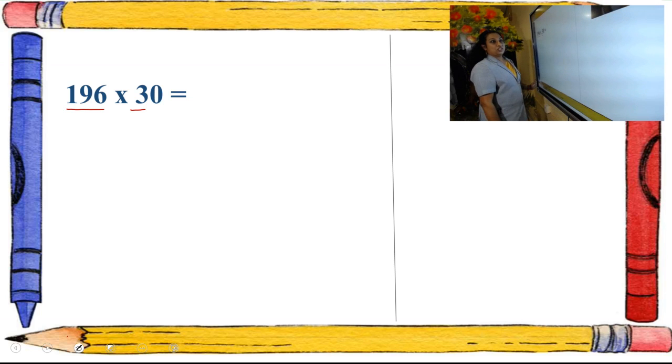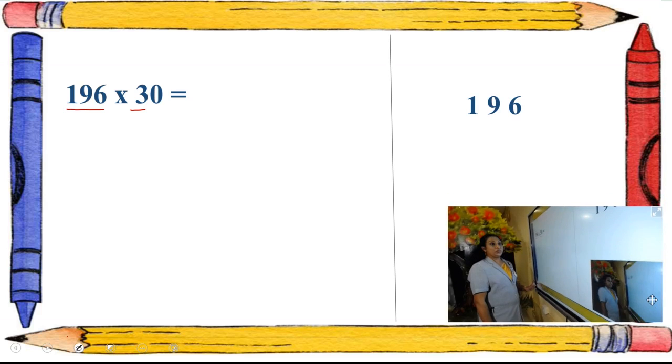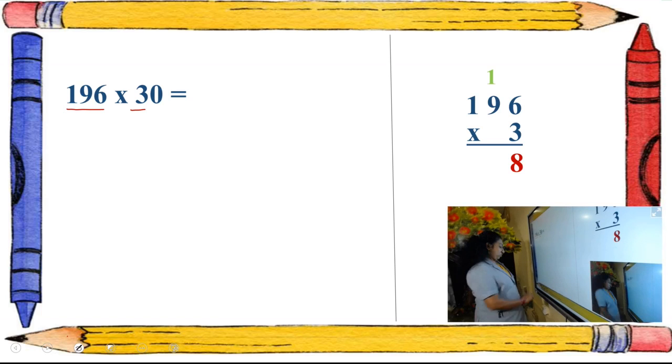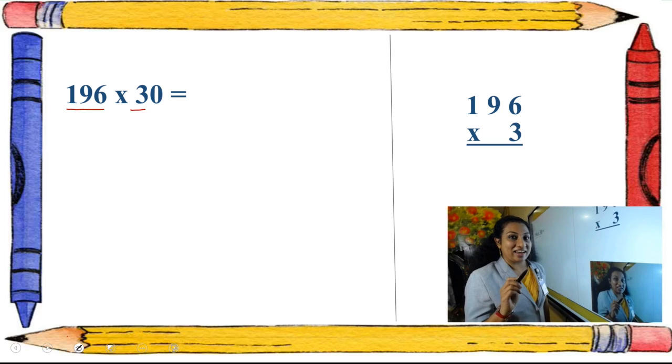Clear? So, 196 into 3 is equal to, okay, 196 into 3. Now, you know how to multiply. Suni teacher taught you, isn't it?